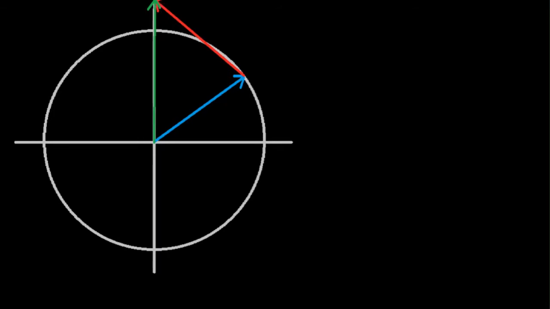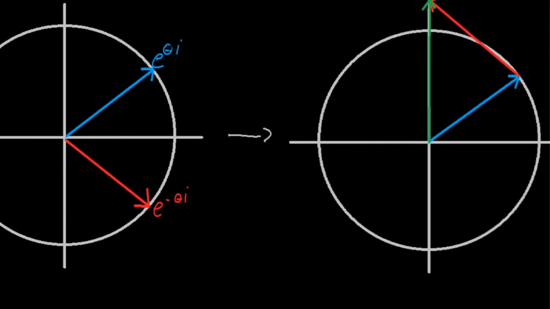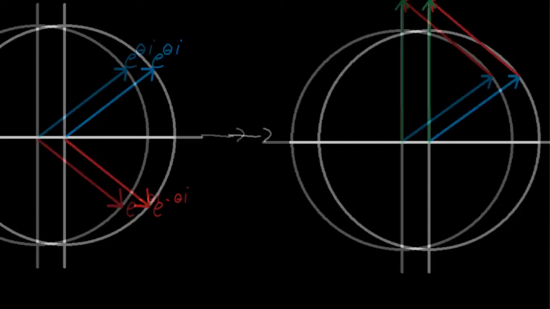And that makes sense because since you're subtracting, e to the theta I has a height and a width, and e to the negative theta I has the same width but opposite height. So when you subtract them, you cancel out the width and you add in the height. So the width gets canceled and the height doubles. So this vector is twice the original height.